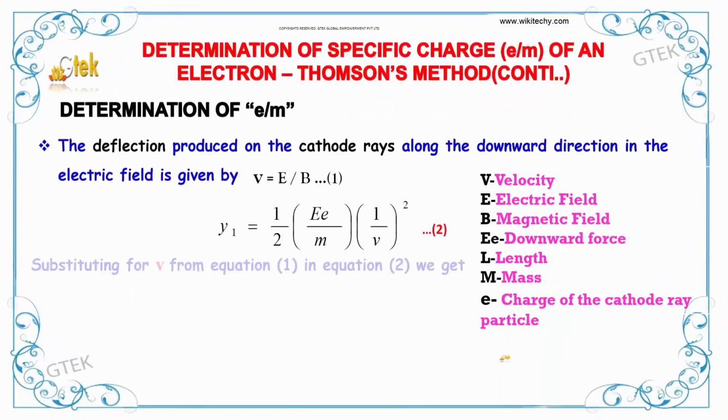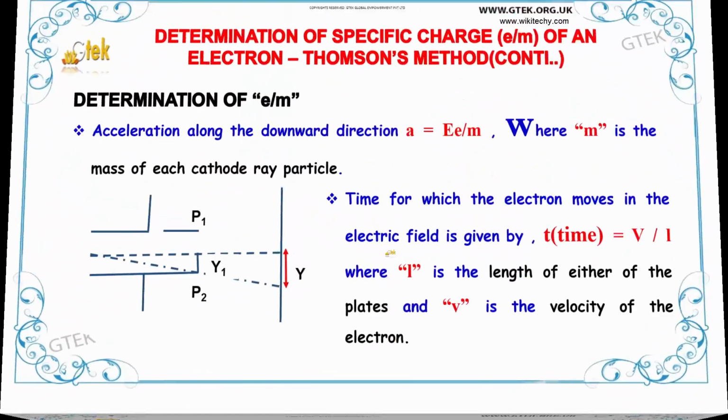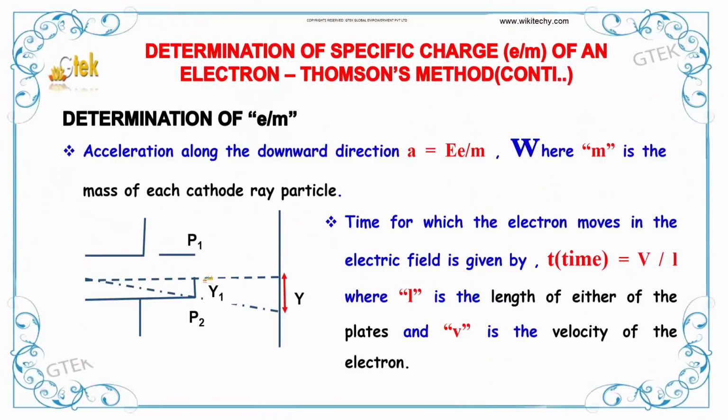So for the determination of e divided by m, this is the formula. The deflection produced on the cathode ray along the downward direction is given by, with v equal to E divided by B, y1. What do we mean by y1? y1 is nothing but the distance here.